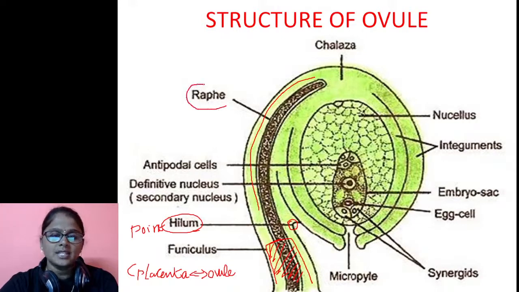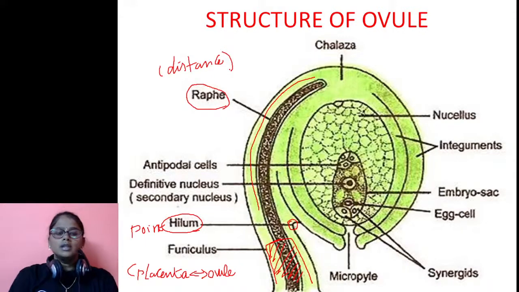This raphe structure forms the sides of the ovule, and it determines the distance between the funicle and the ovule.